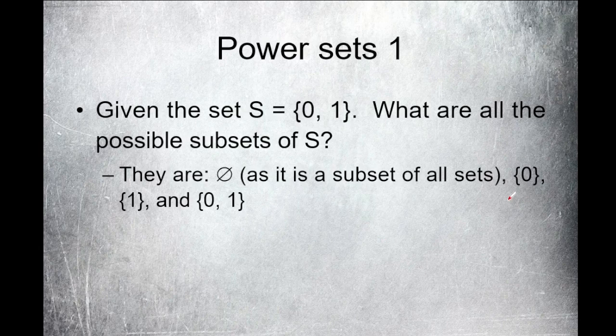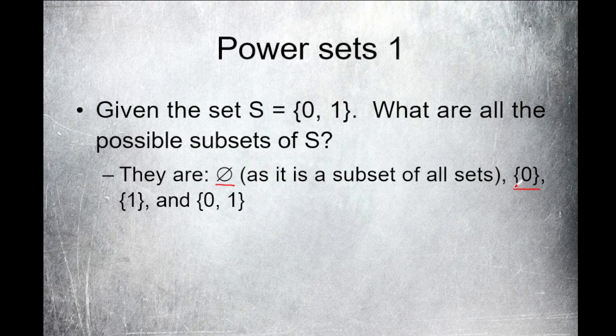So null would be a part, and then since 0 is an element, we can create a subset with 0. Also we can create a subset with 1, as well as a subset with both the elements. So the total number of subsets will be 4.